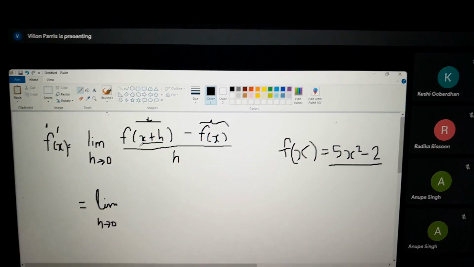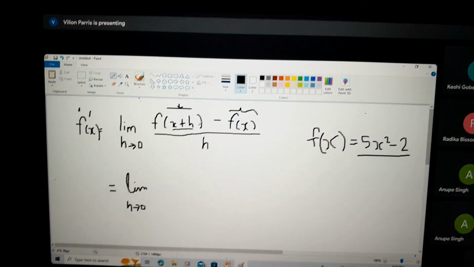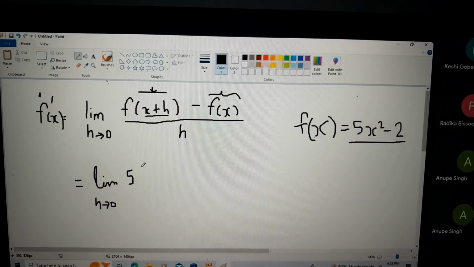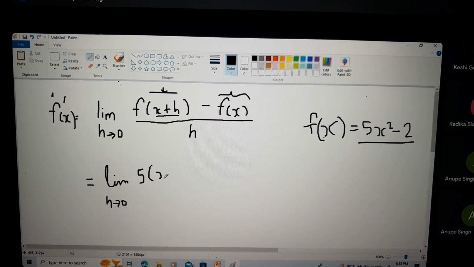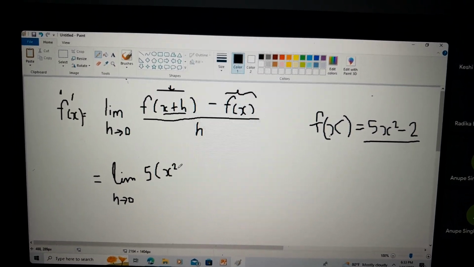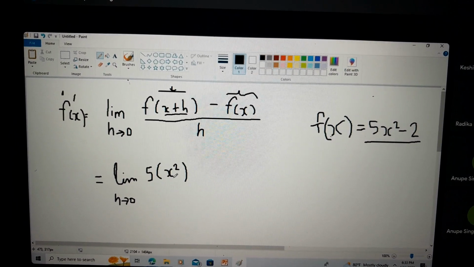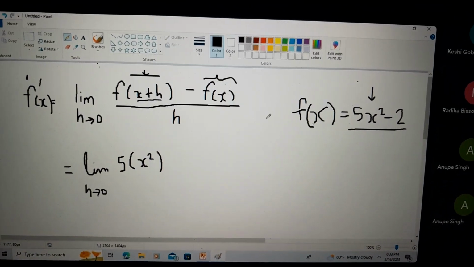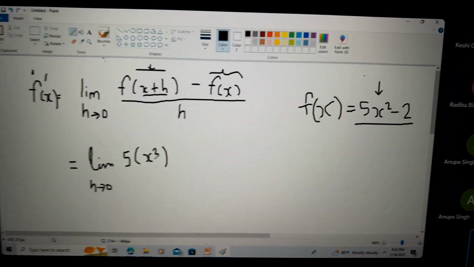So you start with f of x plus h. So what I'll have here, it will be 5x squared, but we are not writing x squared. What should I write instead of putting back x squared? Someone help me.